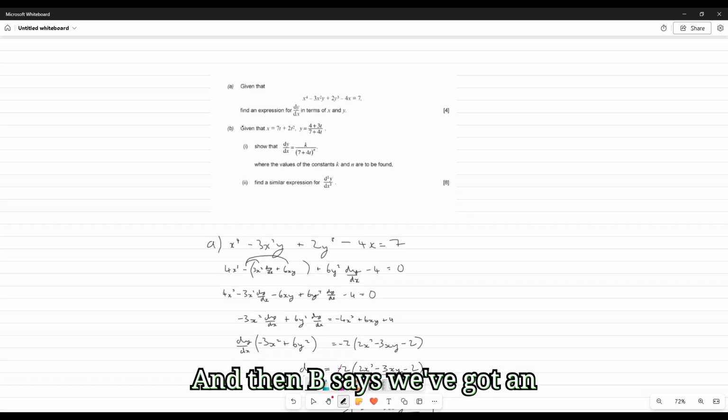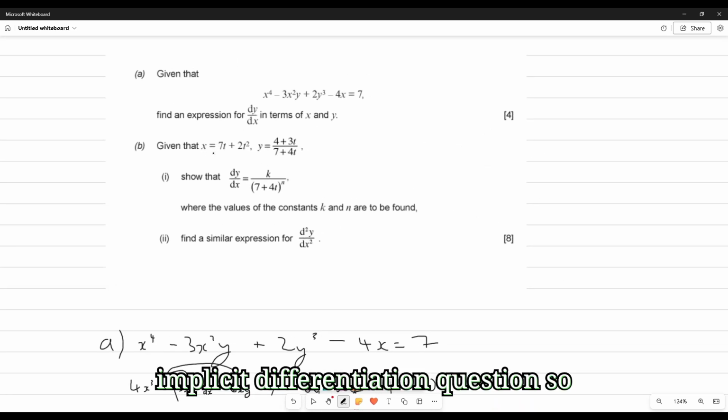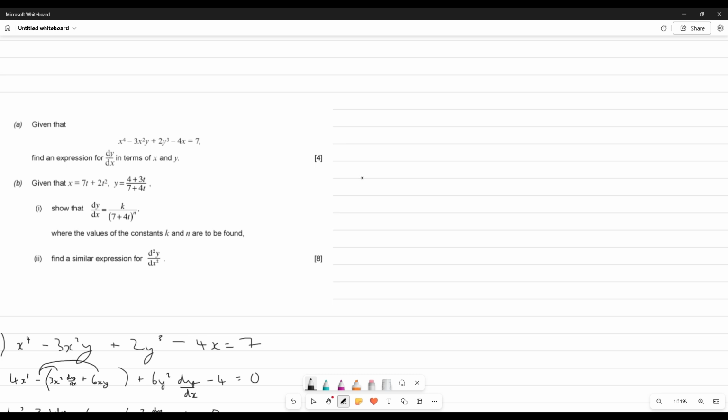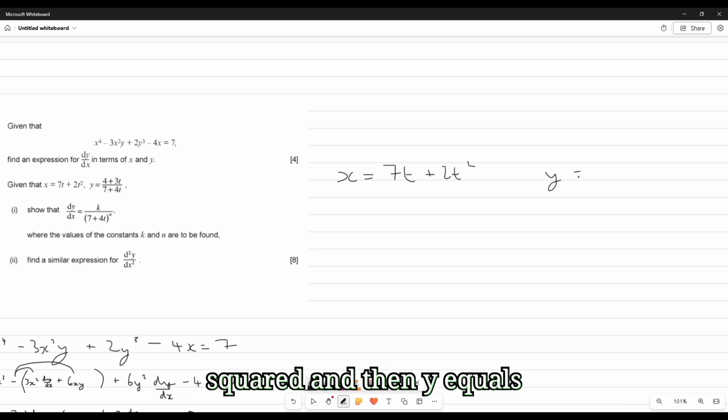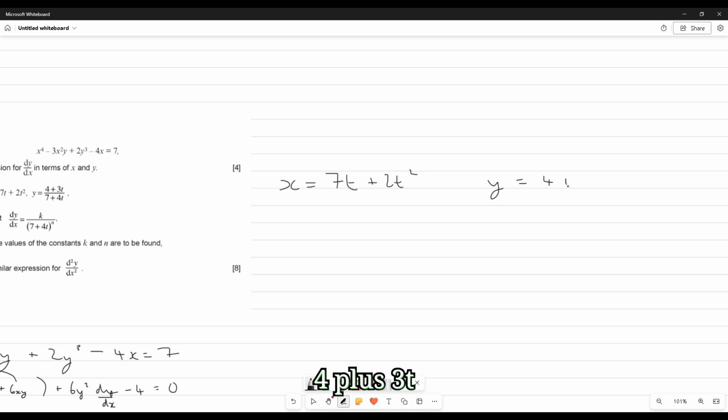And then B, it says we've got an implicit differentiation question. So x equals 7t plus 2t squared, and then y equals 4 plus 3t over 7 plus 4t.